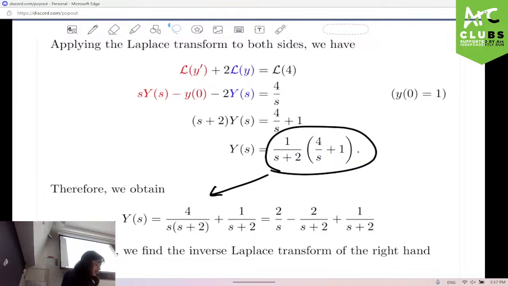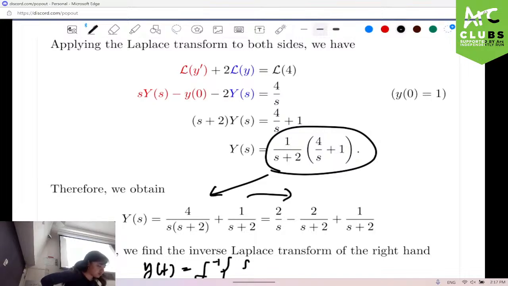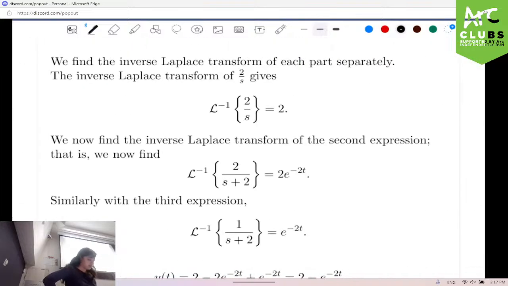If you don't trust me, you can do the partial decomposition yourself. So now all we have to do to find y(t) is find the inverse Laplace of 2 over s minus 2 over s plus 2 plus 1 over s plus 2. It's actually quite simple, since we can just split it up.